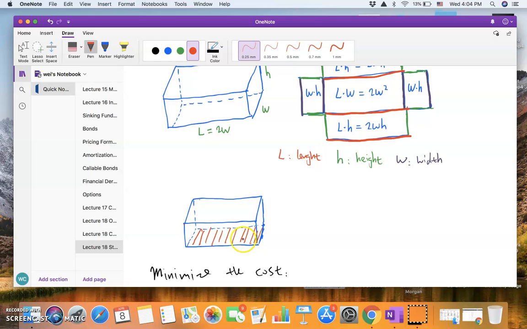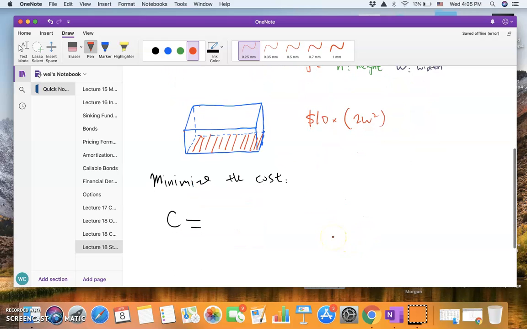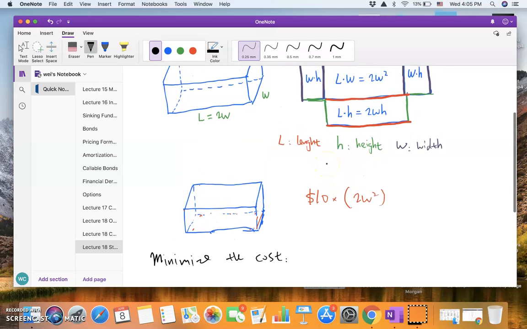Therefore, the total cost for the base is $10 multiplied by the area of the base, 2W squared. So that's 20W squared.